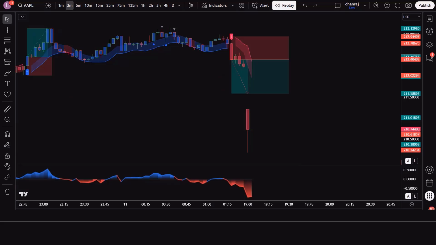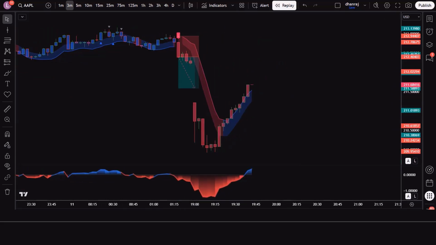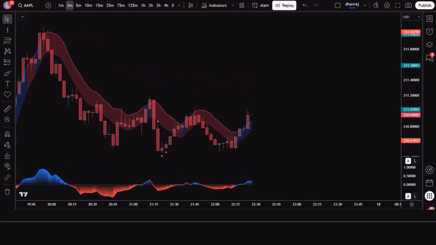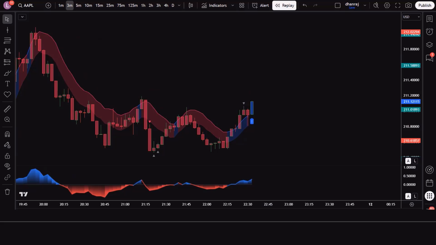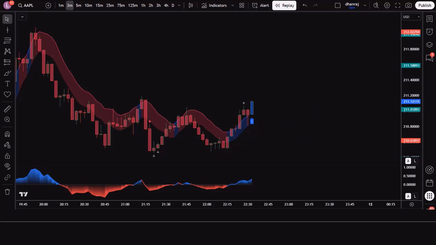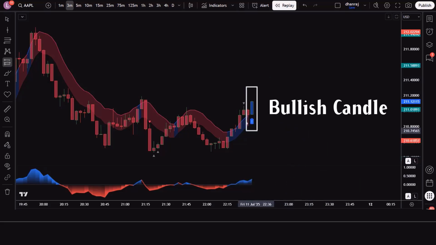We have won the trade. Let's find the next trade. We have got the signal. Here the market structure algo indicator gives us a buy signal. Here the chandelier exit oscillator is in the bullish zone. Here the market has made a bullish candle to give confirmation.